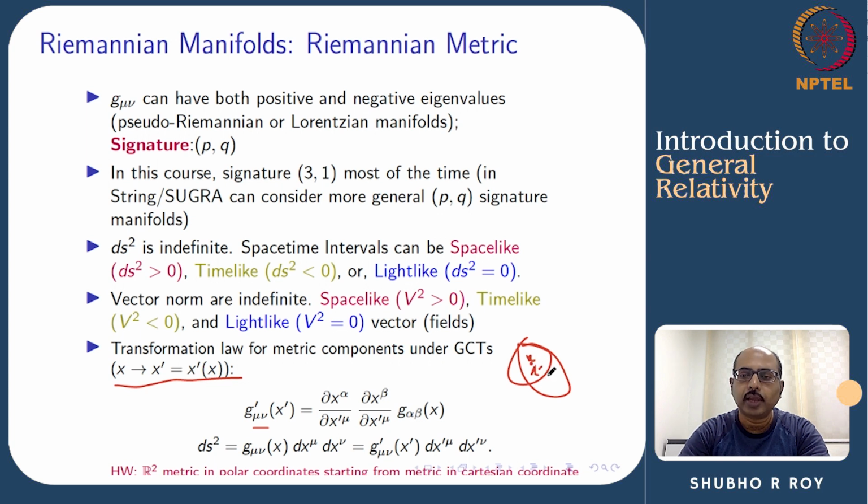In such a case, the metric at this point in the two coordinate systems are related by the transformation law. On the other hand, when we consider diffeomorphisms, x and x prime are two different points, and there is a smooth map, a diffeomorphism, which relates x to x prime.